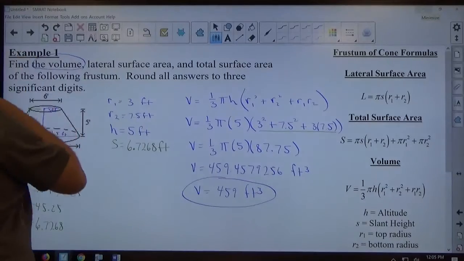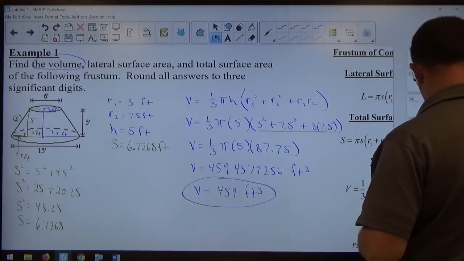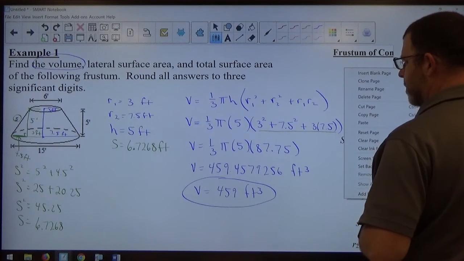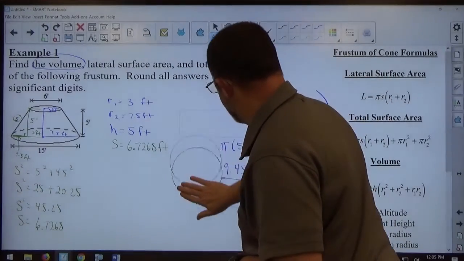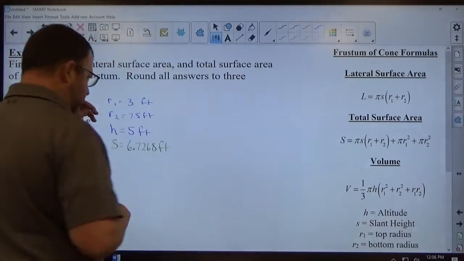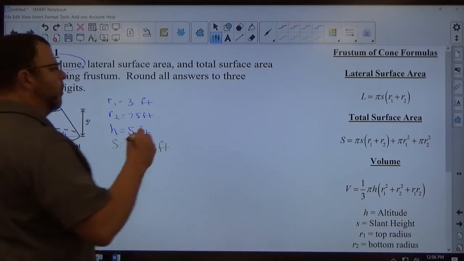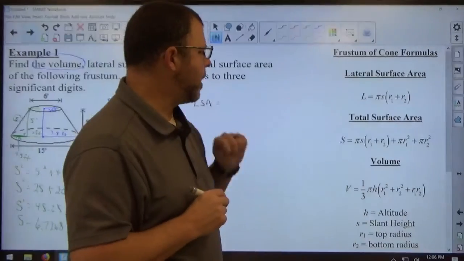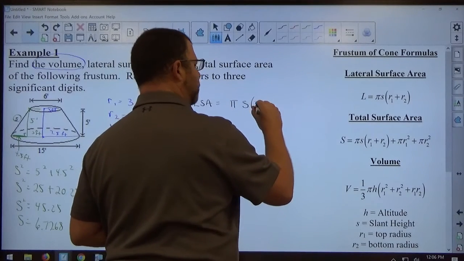I'm going to go to a new page. All right. So volume is still here. Now lateral surface area. The formula is right here. It's pi s times r sub 1 plus r sub 2.